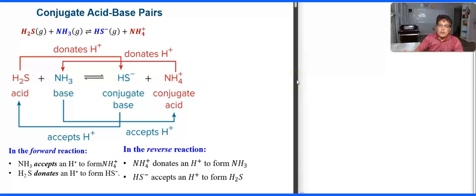Now let's first take an example. H2S plus NH3 gives HS minus plus NH4 plus. Look at that very carefully.